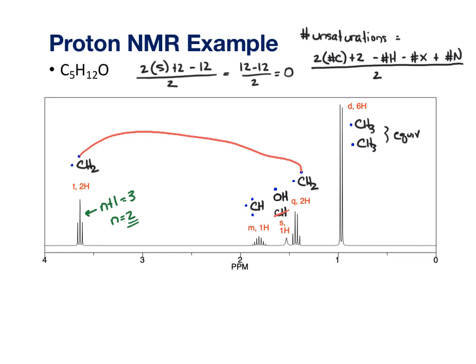Now if we look at this CH2's signal, it's a quartet. N plus 1 is 4. N equals 3. Well, it's already connected to 2 hydrogen by this neighbor, so it must need to be connected to something with 1 hydrogen. OHs usually don't cause splitting, so we're going to connect it to that CH.